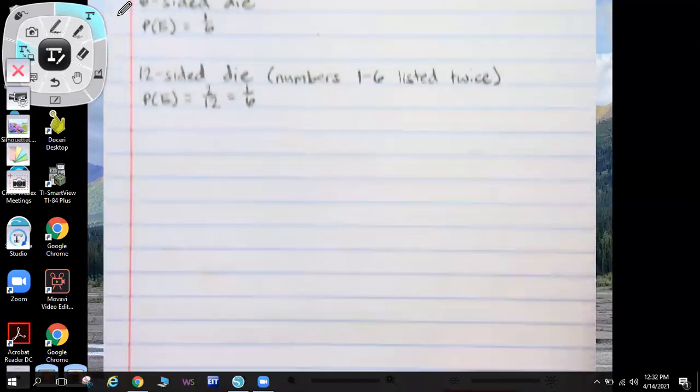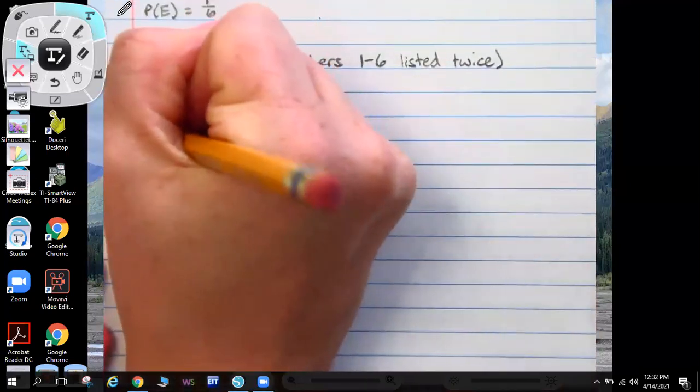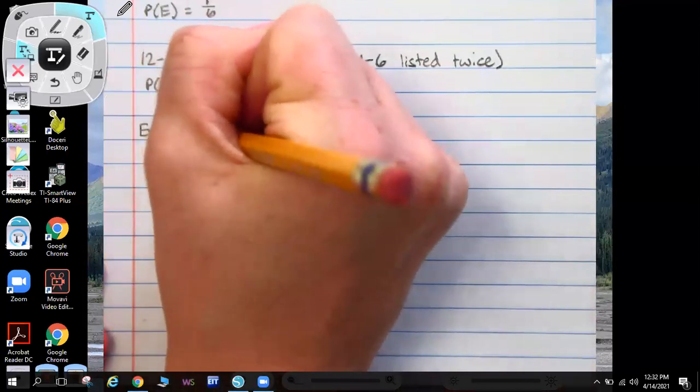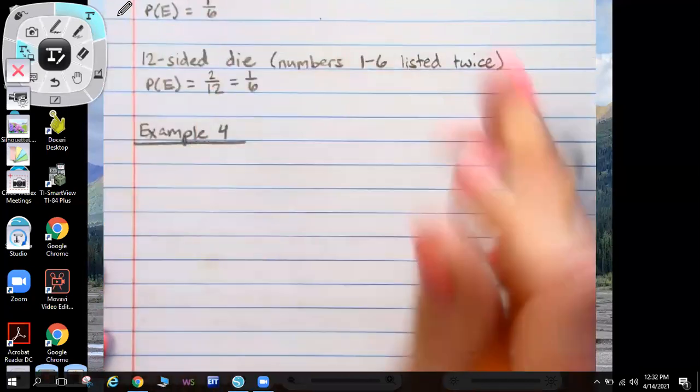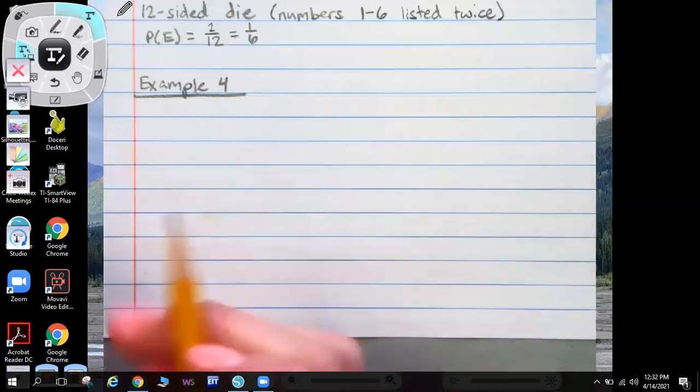Okay, one more example, and we will have to write a little bit on this one. Example 4, we're looking at the numbers of colleges and universities in different regions of the country. So the country has been split up into different regions, and then the number of colleges and universities in that region has been totaled up. So we're going to make a list of those.